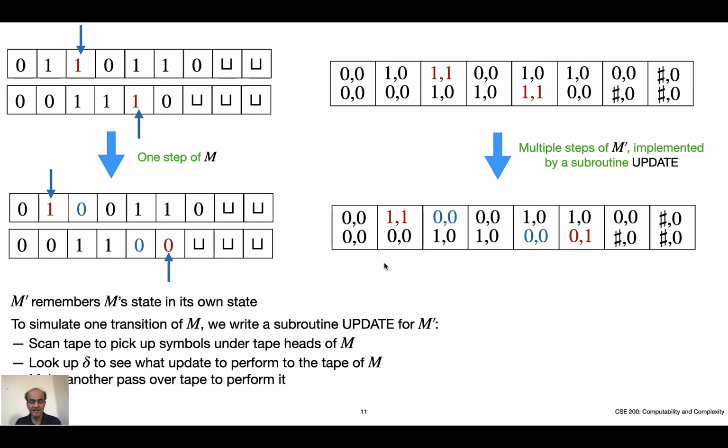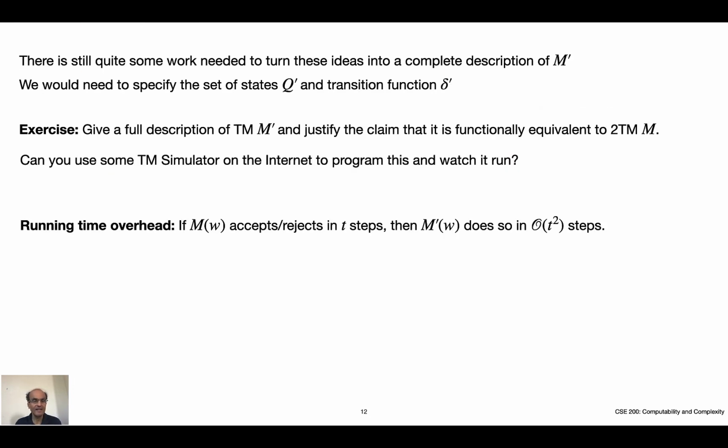So this is a fair amount of work, and even this is not completely trivial to go from this high-level description of an update function to actually writing down pseudocode or a table description of the corresponding transition function. I'll leave that for you as a kind of exercise which can help you better understand the feasibility and details of a claim like this.